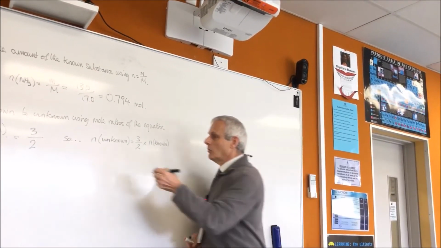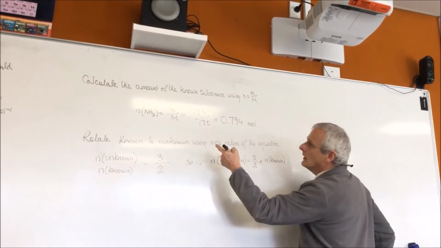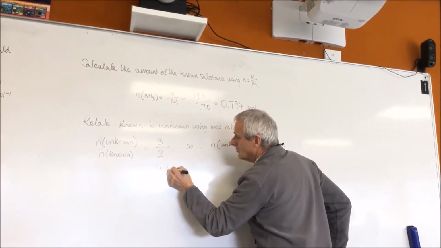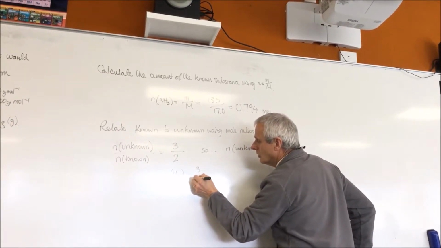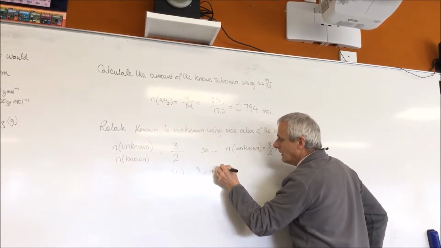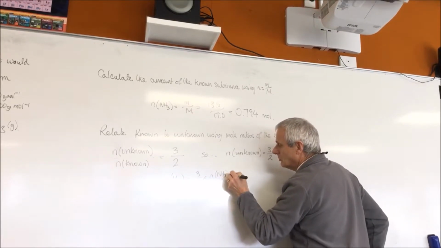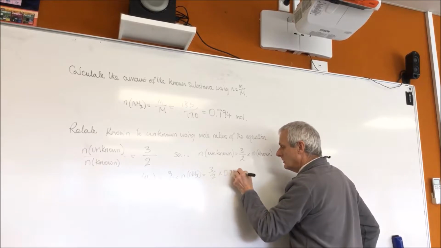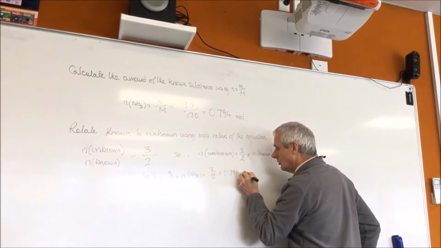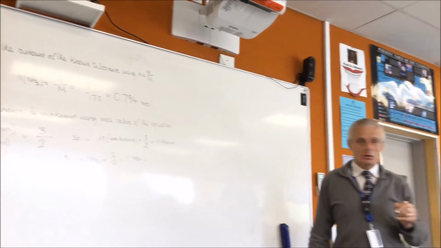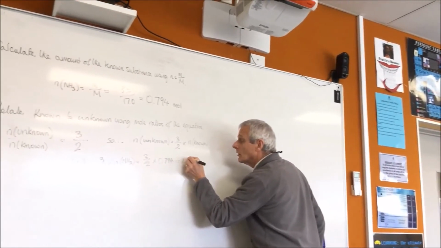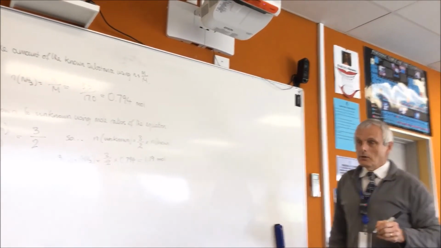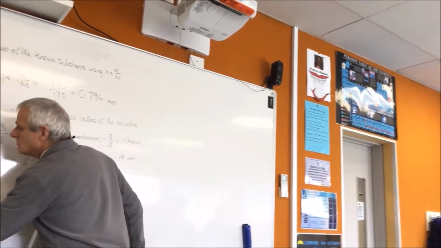So n of our unknown, H2, is equal to 3 over 2 times n of NH3, which is equal to 3 over 2 times 0.794, which is equal to 1.19 mole.